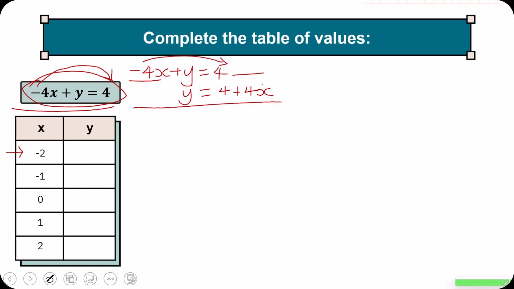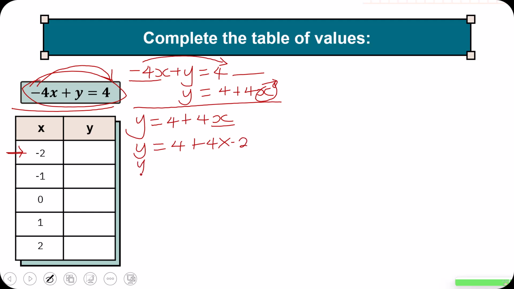We bring it and put it where we have x here. So we shall have y equal to 4 plus 4x. Then where we have x, we are going to put there -2. We shall have y equal to 4 plus 4 times -2.